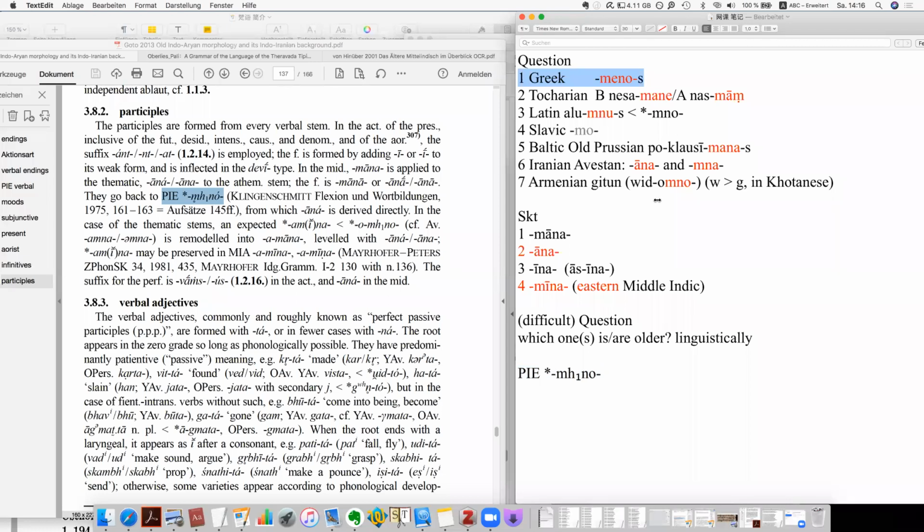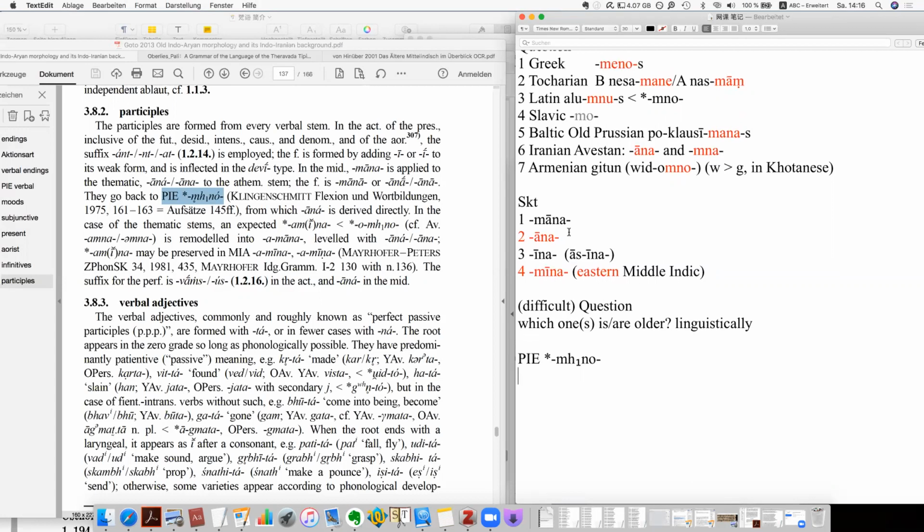Greek is very good. It provides us with important information about vowels. 是希腊语的话，它会告诉我们关于元音的一些重要信息，所以希腊语非常重要。So let's start with Greek. In Greek, we have meno, right?